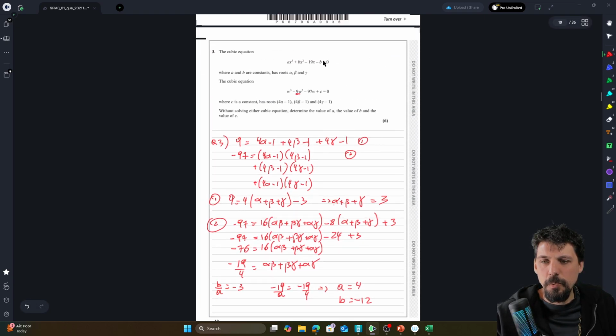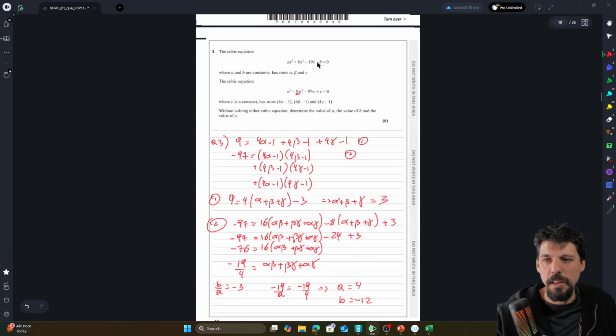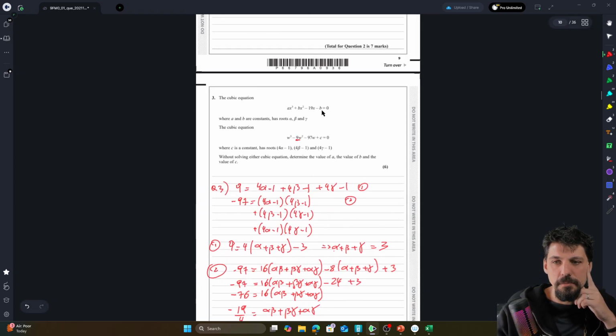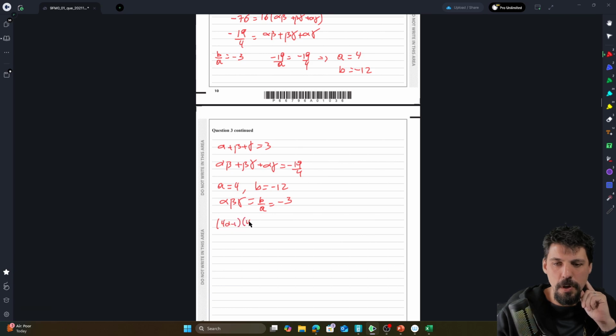And then if we have a look at this one, B over A, so we got A is 4, B is minus 12, and we also know that alpha beta gamma, by looking at the top one, is B over A, which is minus 3, which makes sense, if you look at that. Now, to find C, we need to find out what the product of 4 alpha minus 1, 4 beta minus 1, 4 gamma minus 1 is.